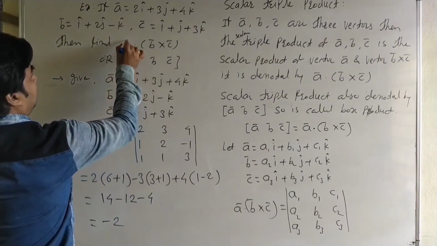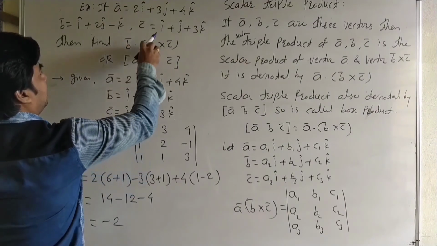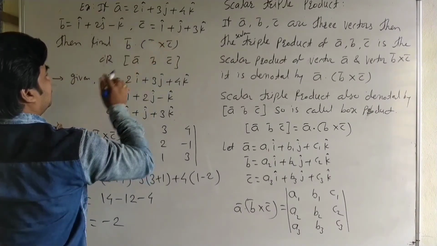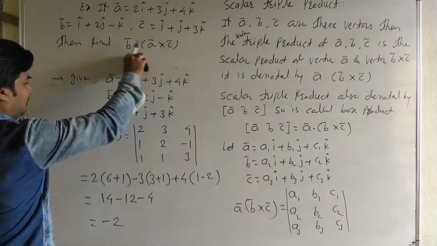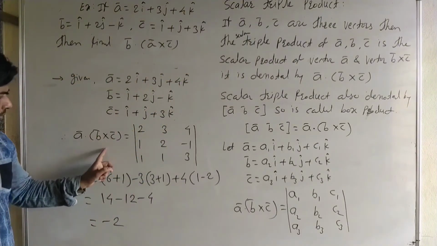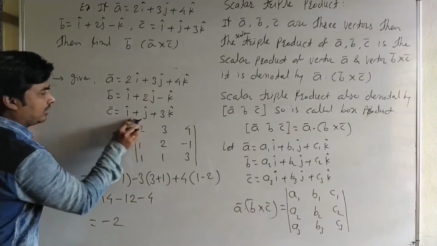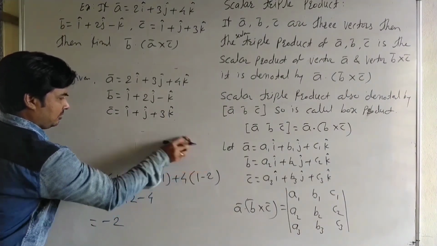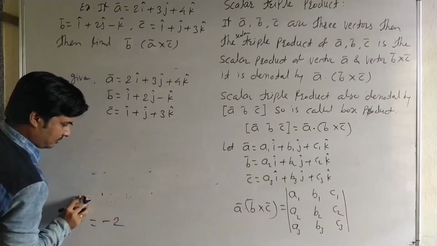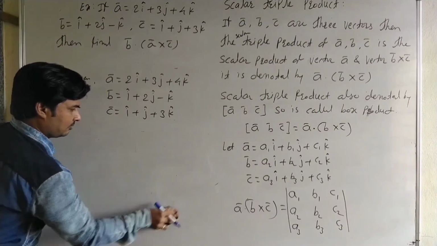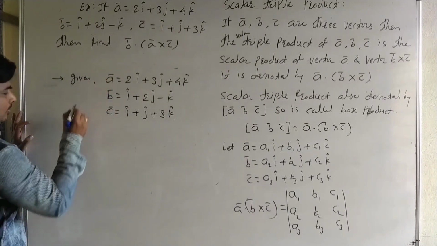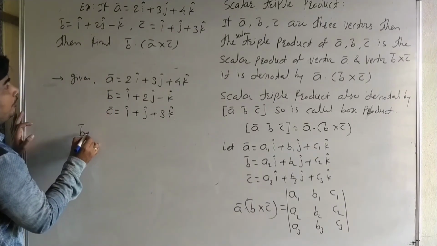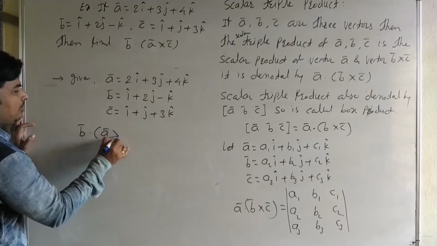Now here we find the scalar triple product with B bar taken first and A bar second. Earlier it was the scalar triple product of A bar, B bar, C bar. Now we find the scalar triple product of B bar dot A bar cross C bar.